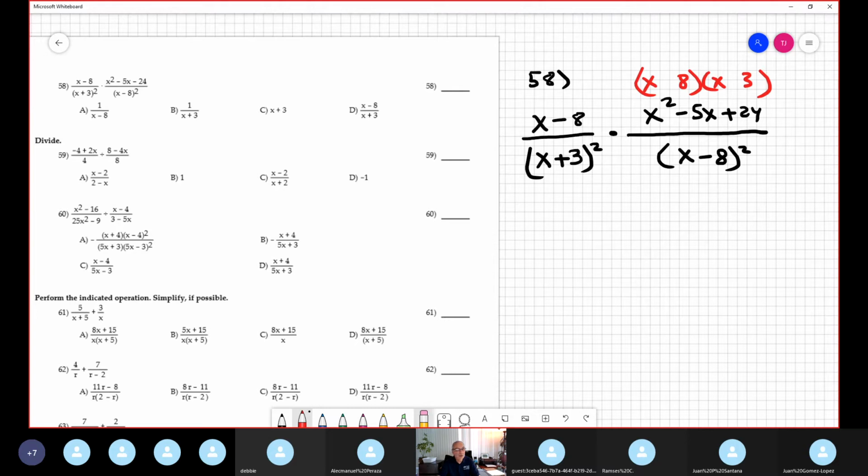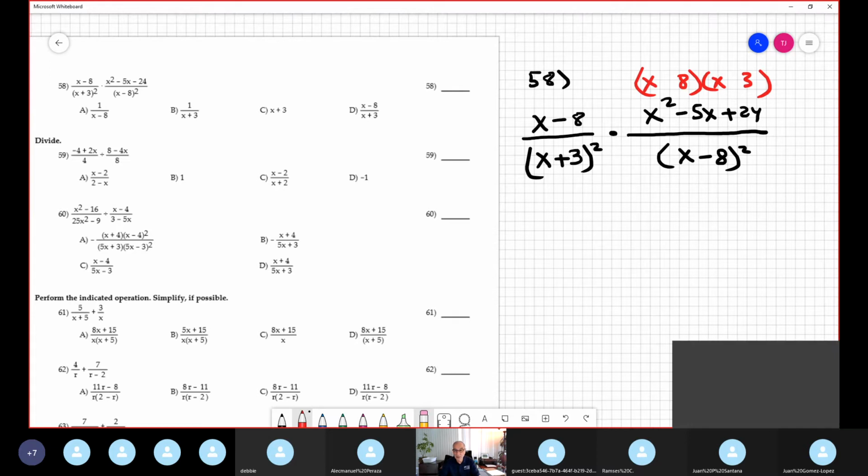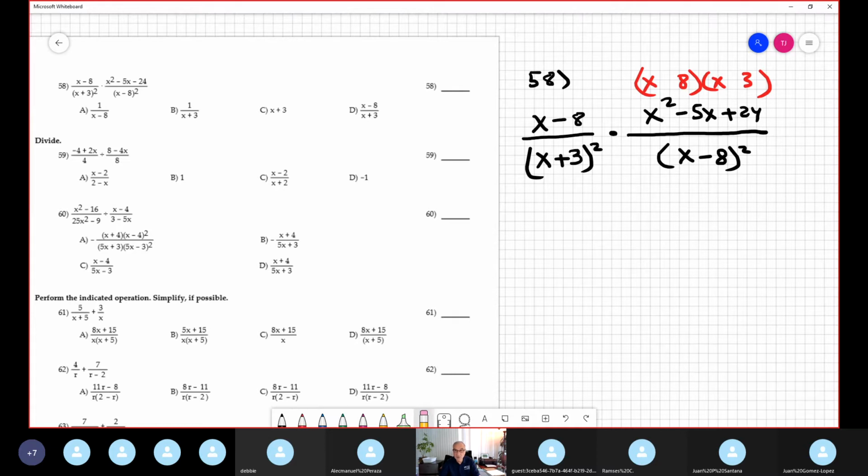And minus, oh sorry, minus. Aha, thank you, Kevin. See, plus doesn't work. Minus here indicates different signs, negative 8 and positive 3.